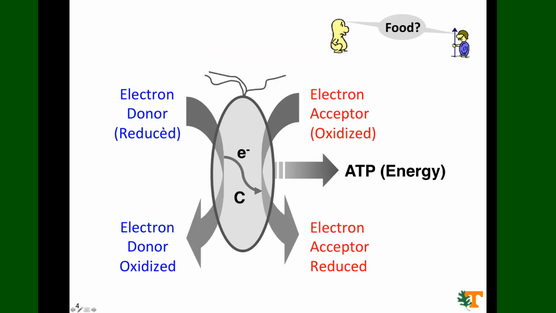So now, when you think about food, what the organism really needs is an electron donor that is being oxidized. So the reduced electron donor is being oxidized by the microbe, leading to the oxidized form of the electron donor. The electrons that are being released are transferred to an electron acceptor. The electron acceptor is reduced, and you end up with a reduced electron acceptor. In this process, the organism can generate energy for biosynthesis function.